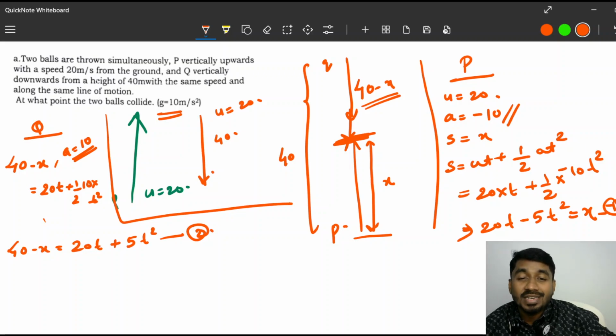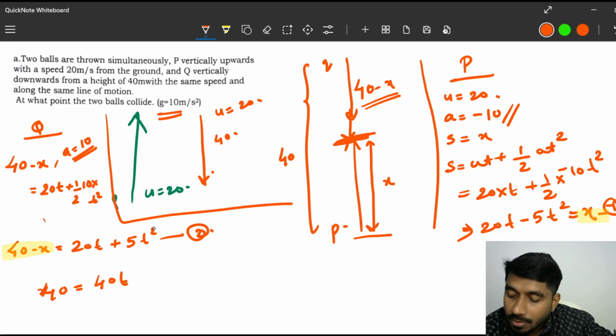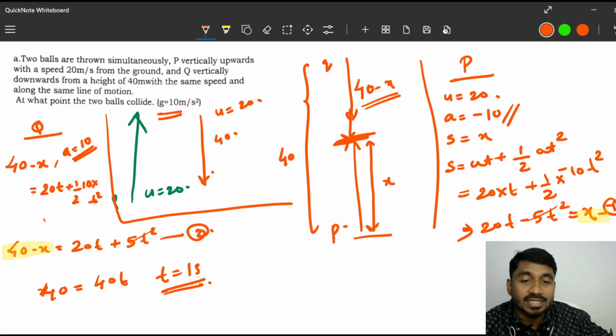Now just add the two equations. Adding the left sides, 40 minus x plus x gives 40, and on the right side we get 40t plus 5t square minus 5t square, which cancels. So we get 40 equals 40t, and t is equal to 1 second.